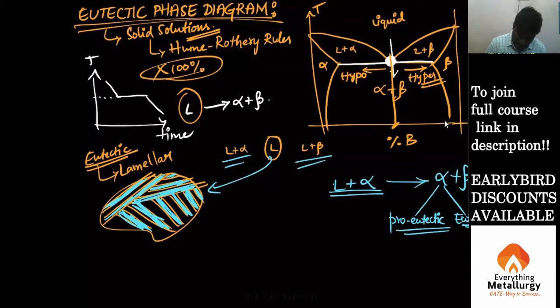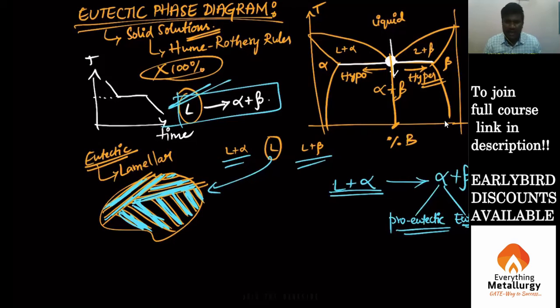So if you can see here, what is the eutectic reaction? My liquid is transforming into alpha and beta. But what are the reactants that I have? Along with my liquid, I have one more alpha that is present with me.